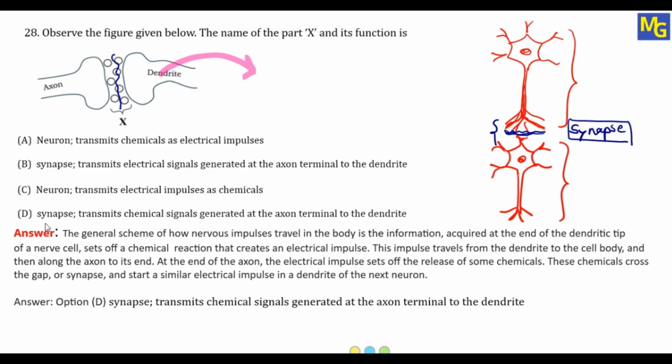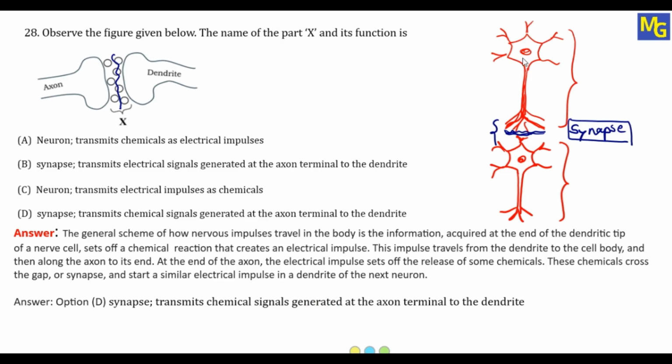So if you see the answer, option D, transmits chemical signals generated at the axon terminal to the dendrites, and therefore our correct option is option D. So we have to write option D. Write down the answer: Synapse transmits chemical signals generated at the axon terminal to the dendrites.